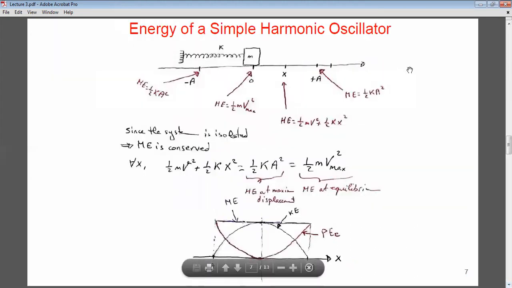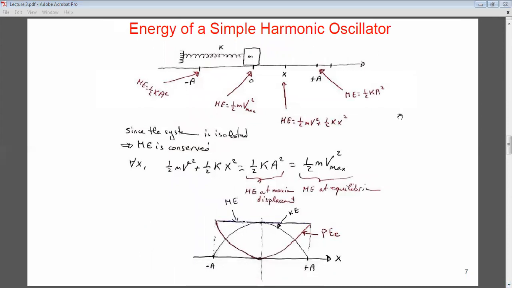Now, energy of a simple harmonic oscillator. Here we have just to remember formulas of mechanical energy. So when the oscillator is oscillating, mechanical energy is conserved. You just have to remember kinetic energy is half mv squared, okay? Potential energy, or EPE, is half kx squared.